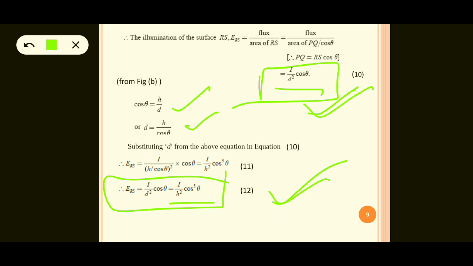So definitely we can expect one essay question from this, either problem or theory. So here there are two laws, the inverse law and the cosine law.